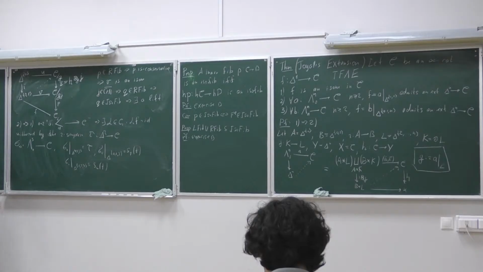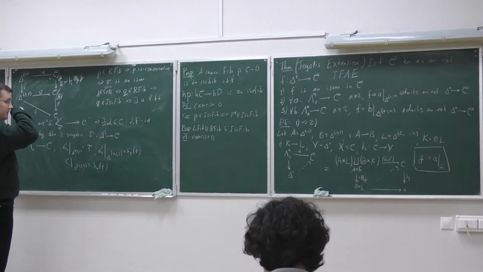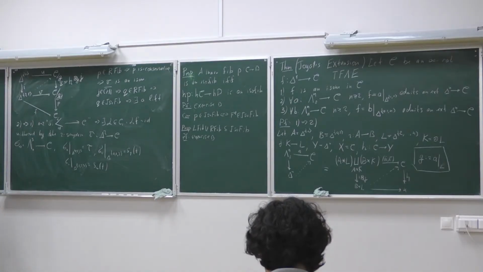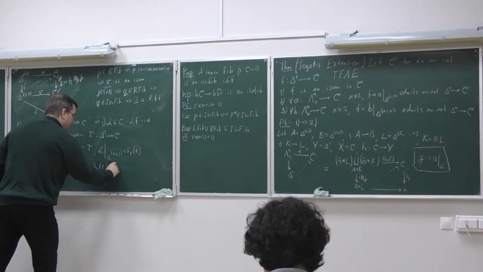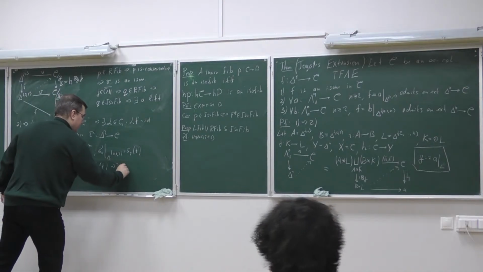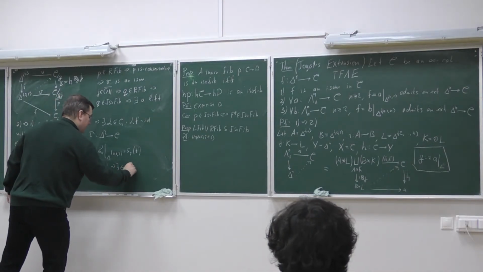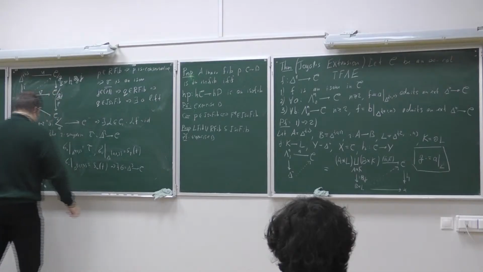So that's a formal definition. Then for this horn we can take this map. You can notice that the restriction to delta 0, 1 is precisely f. So there is an extension, so there is sigma, a map from delta 3 to C, right?